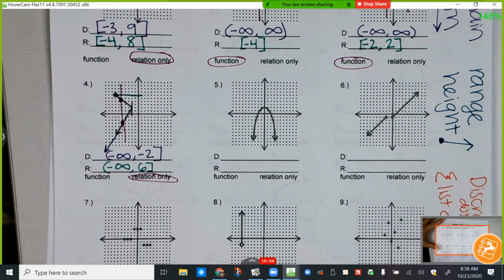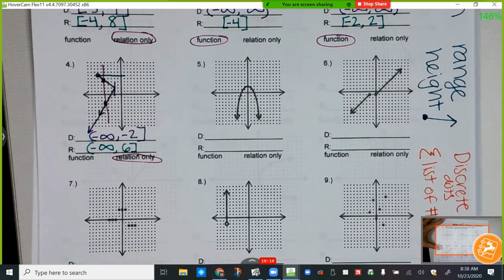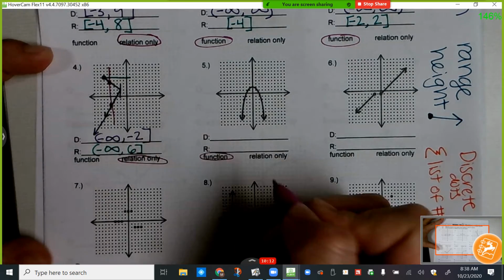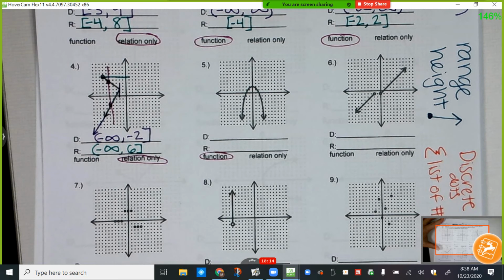Number 5, function or relation only? Function. Anybody remember what kind of function that is? It's a parabola, but who remembers what the parent function is called? That's the shape. It's y equals x squared, but what's the word?